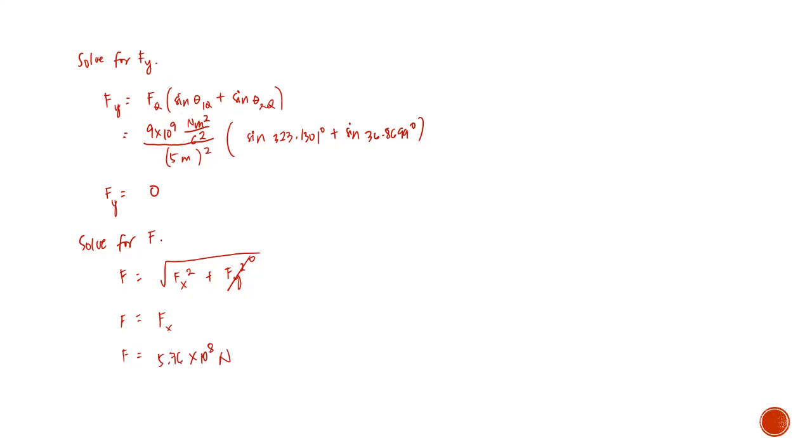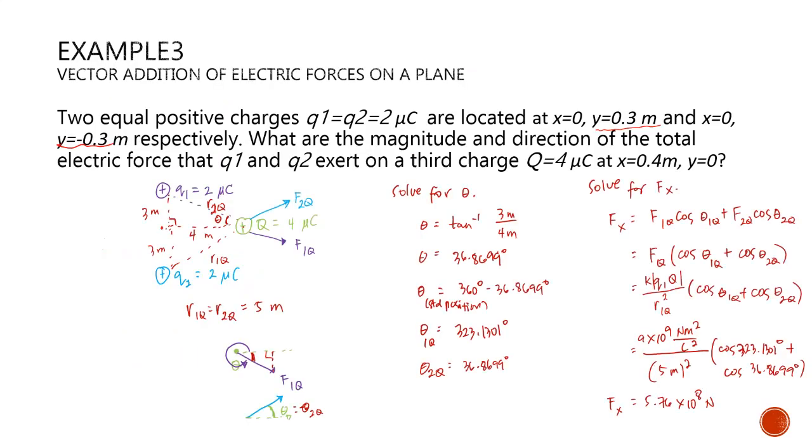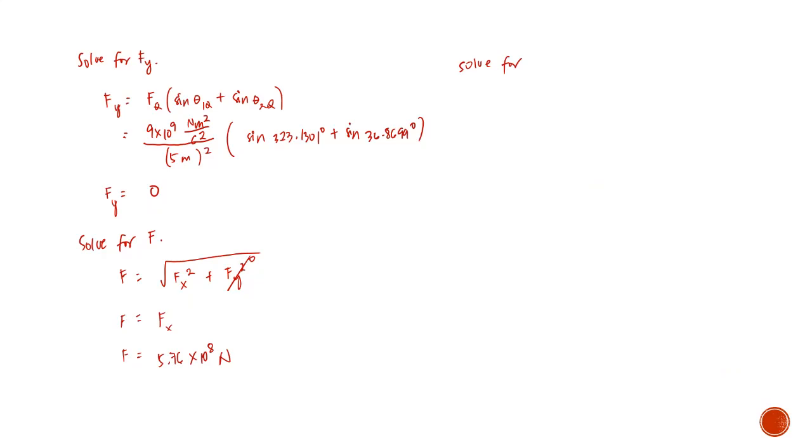So this is the magnitude, and don't forget the direction. Let me use theta sub r, because I used theta already. The subscript r means the resultant. So theta sub r is, of course, arctangent of the y component over the x component.